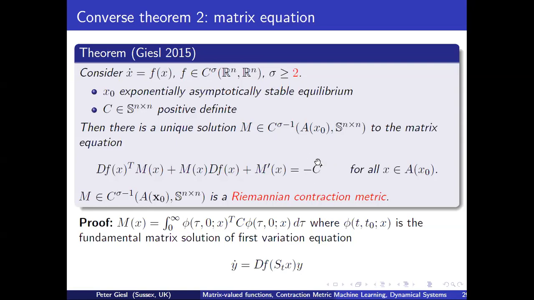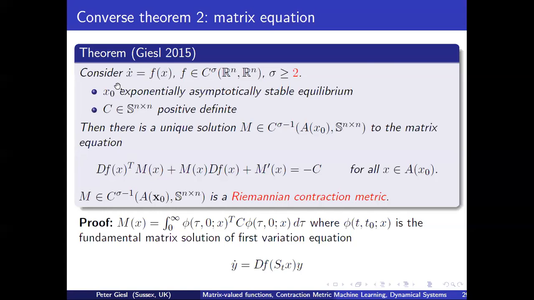Any negative definite matrix here will give us a unique solution M for this matrix equation. And this M is a Riemannian contraction metric. What I mean by that is that this Lm is negative and M is positive definite.